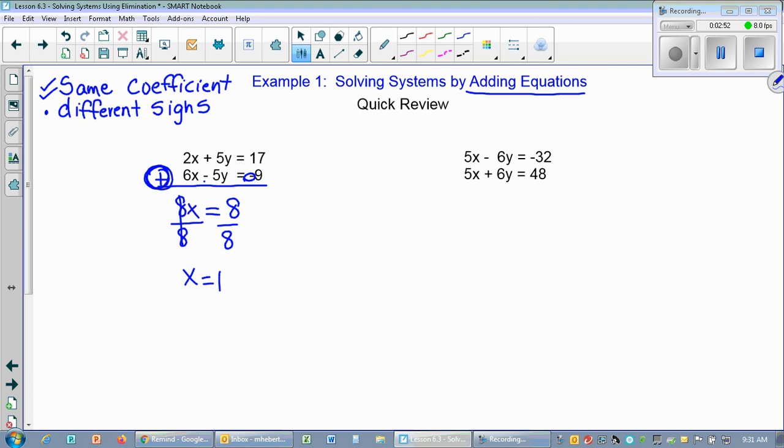In order to find the y value, you either pick the first equation or the second equation, and you substitute x for 1. Throughout this lesson, I will just use the first equation for substituting back in. So 2 times the x value plus 5y is equal to 17.